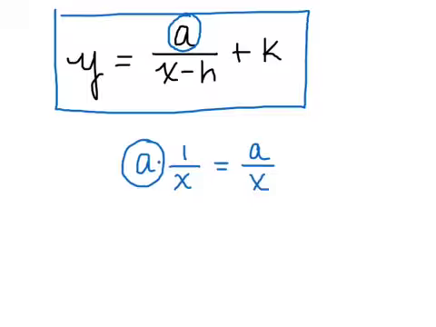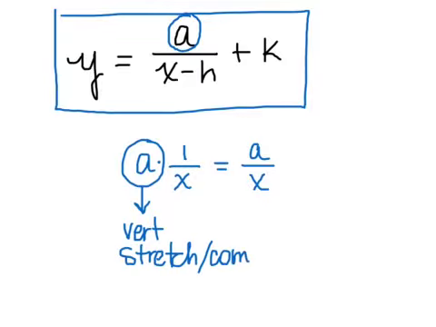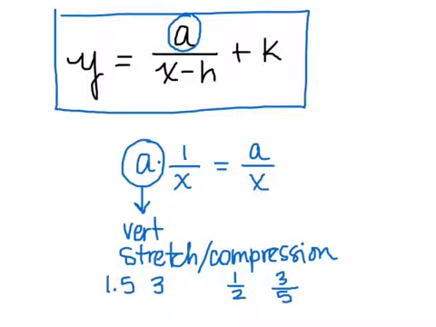And so this is a vertical stretch or shrink, or compression. And so if it's something like 3 or 1.5, anything bigger than 1, or if it is something that's less than 1 but greater than 0, those would be compressions.